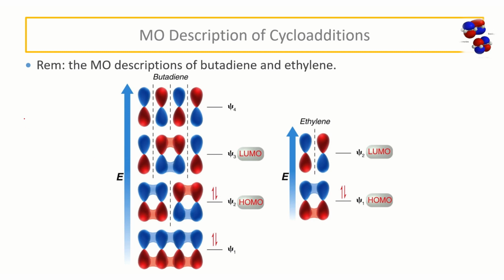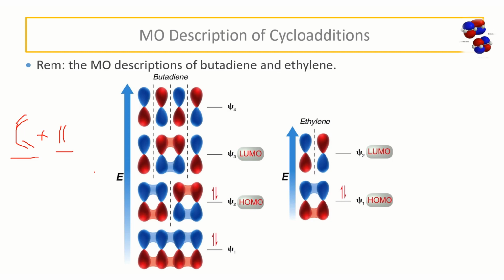So we're looking at a ground state conjugated diene with ground state ethylene.